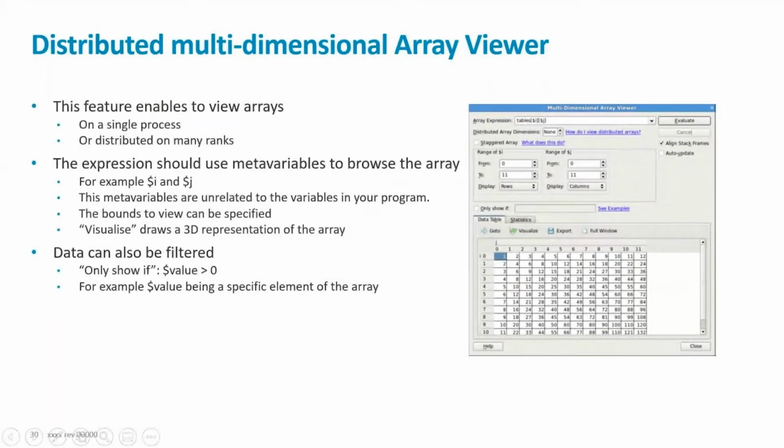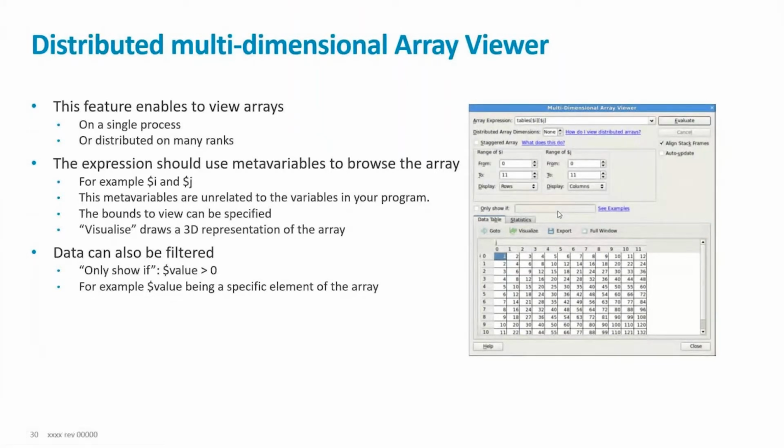Yep. So in the multidimensional array viewer, you can right-click on an array and select View Array, and this window will appear. You can also select which particular dimension of the array you would like to view, so you can visualize that data.